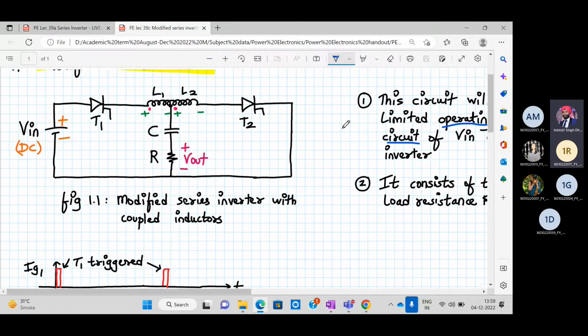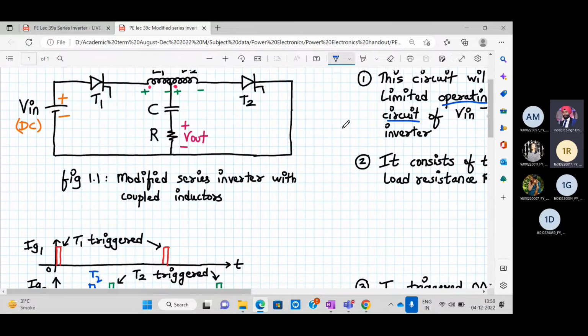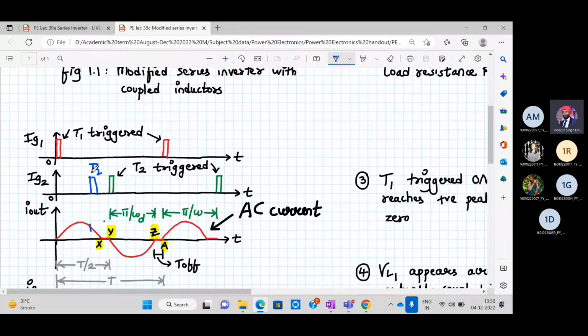But how come that? Because in the original series inverter, how could there be a possibility that accidentally two SCRs could turn on, and in this case both SCRs can't turn on? So here in the previous case, if accidentally T2 has been triggered, see T1 and T2 are triggered at the user command.